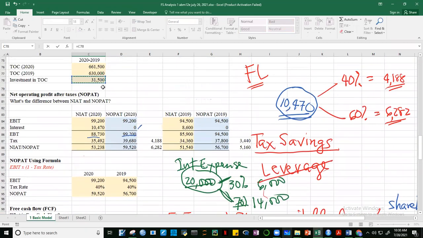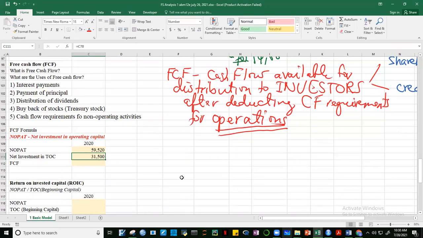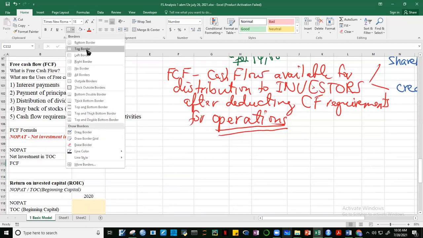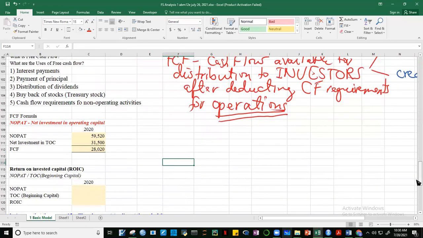This one. Therefore, our free cash flow is simply the difference. This minus this. That's our free cash flow. That's the cash flow available for distribution to our shareholders and our lenders.